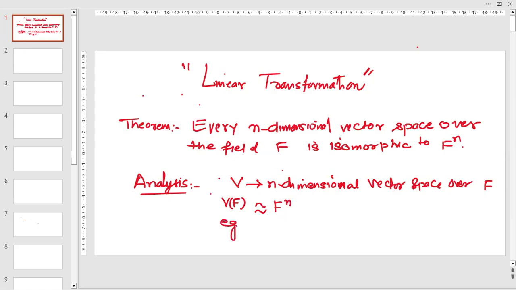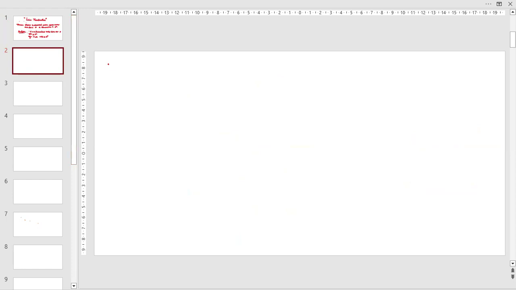For example, if we take F equal to R, then V(R) is isomorphic to Rn, n-dimensional space. So let us talk about the proof.